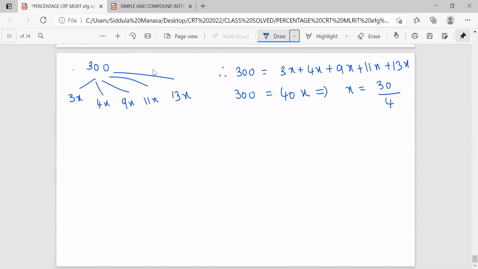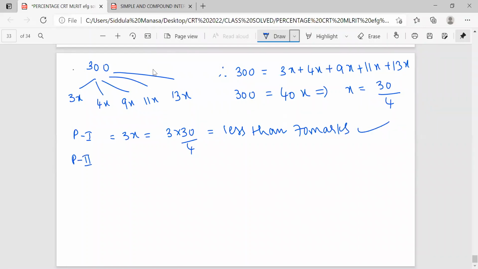Paper 1, we know he got 3x, which is 3 into 30 by 4, so 3 into 7.5, which will be less than 70 marks. What about paper 2? 4x, which is 4 into 30 by 4, which is 30, less than 70 marks. So this also counts.